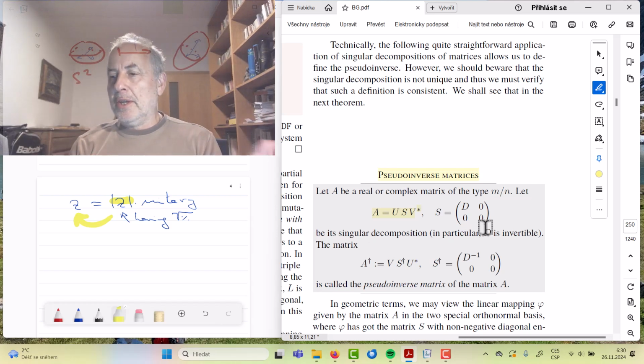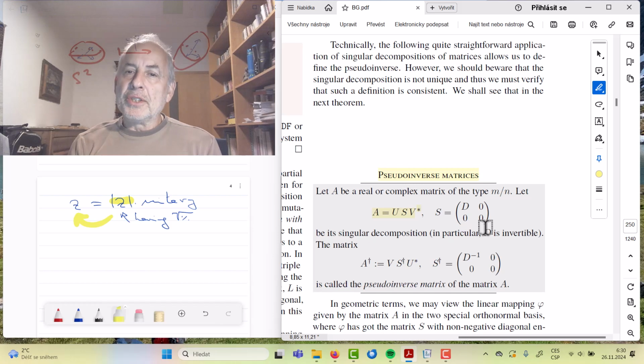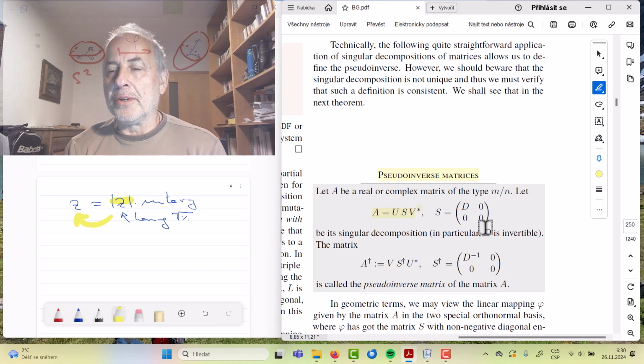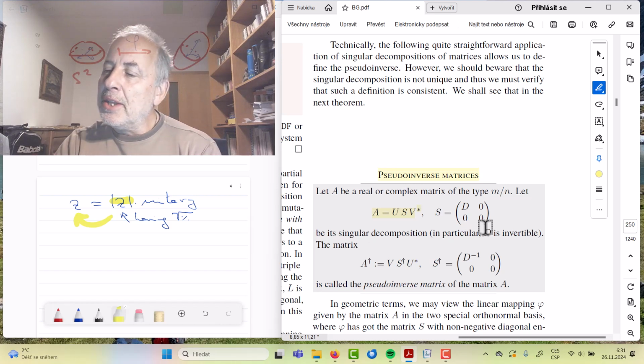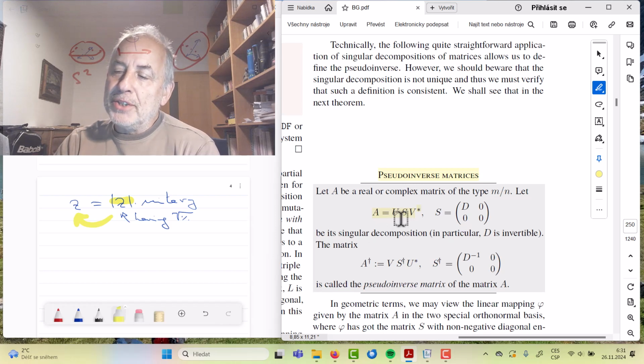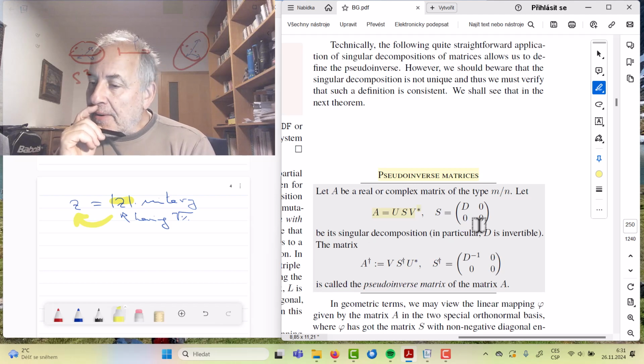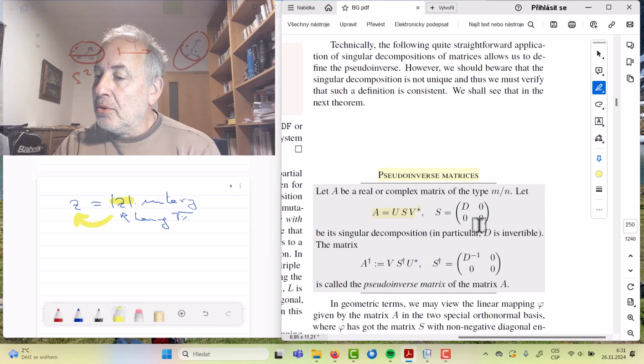So we take the scalars, well, not the scalars, but K^n and K^m with the standard scalar products, and what we get is the choice of suitable bases in which a given linear map has diagonal form. Very nice.